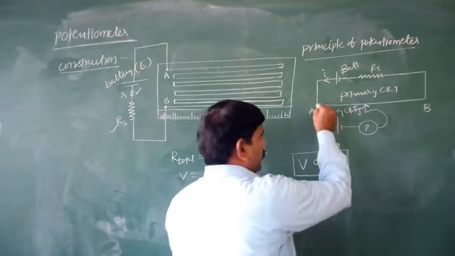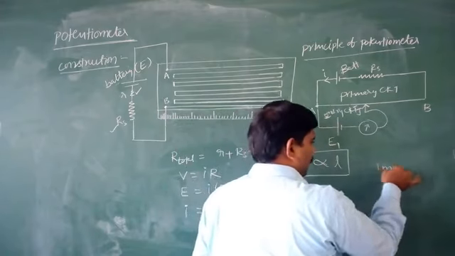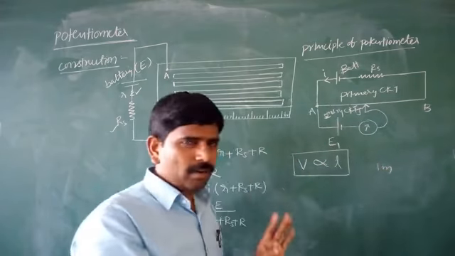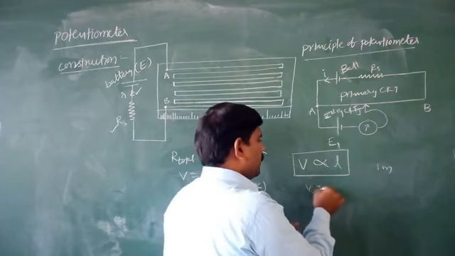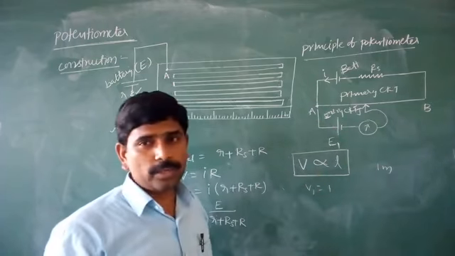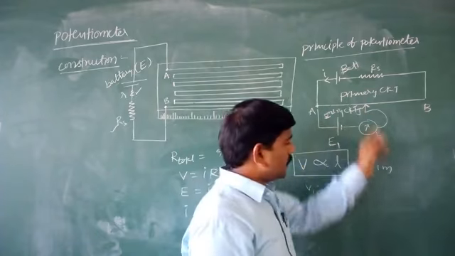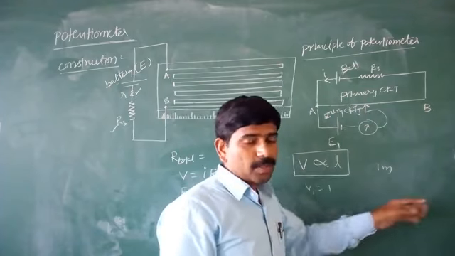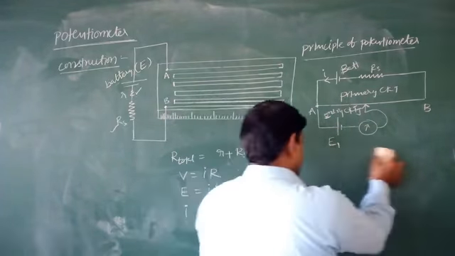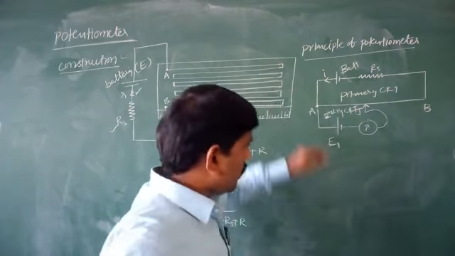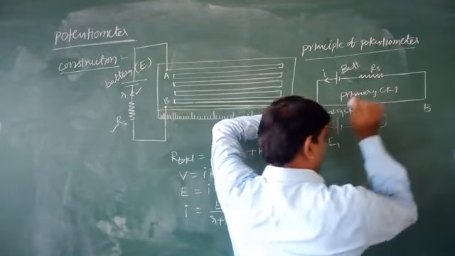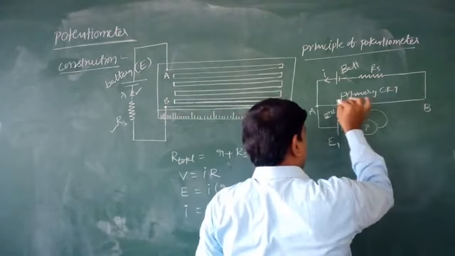If we take a 1 meter wire, with all else constant, the potential drop V1 is equal to 1 volt. If the wire is 2 meters, what is the potential drop? Yes. The jockey is moving from point A towards point B for a length L meters.